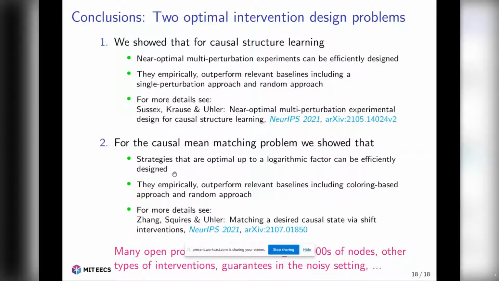And we actually show that if this is your only goal, you can do this with the number of experiments being just logarithmic in what you would need when you're trying to learn the full underlying causal gene regulatory network. So if your only goal is to directly move from one cell state to another, then the optimal strategies look very different to the ones that we have introduced here. And you can do these kinds of transformations with much fewer interventions than what you would need in order to learn the full underlying gene regulatory network.